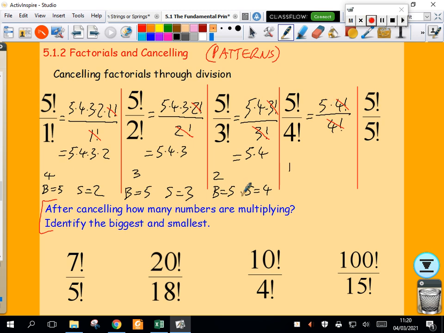Sorry, the biggest is 5 and the smallest is also 5. It's just 5. Finally, 5 factorial divided by 5 factorial just cancels out, leaving me with 1.